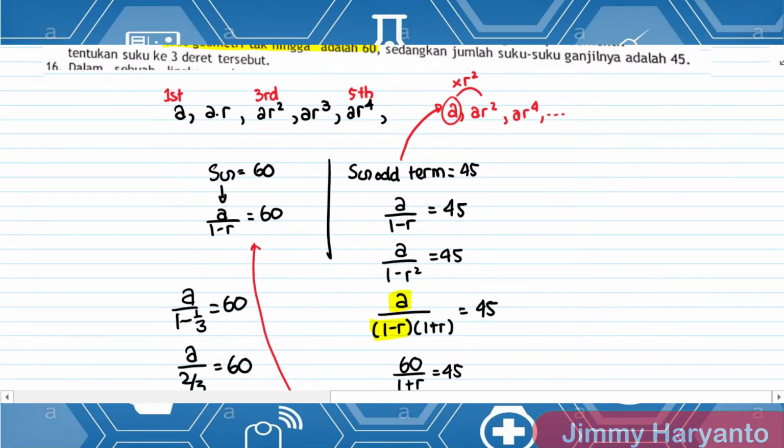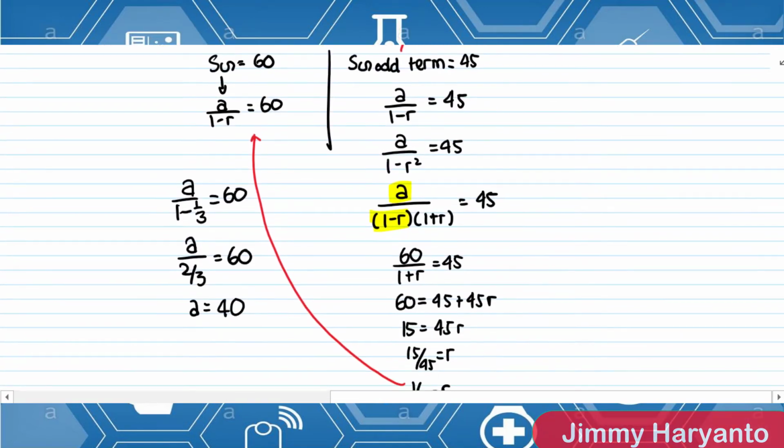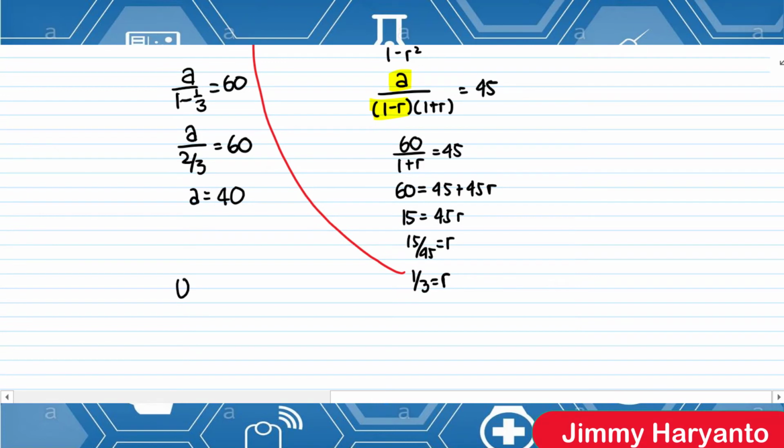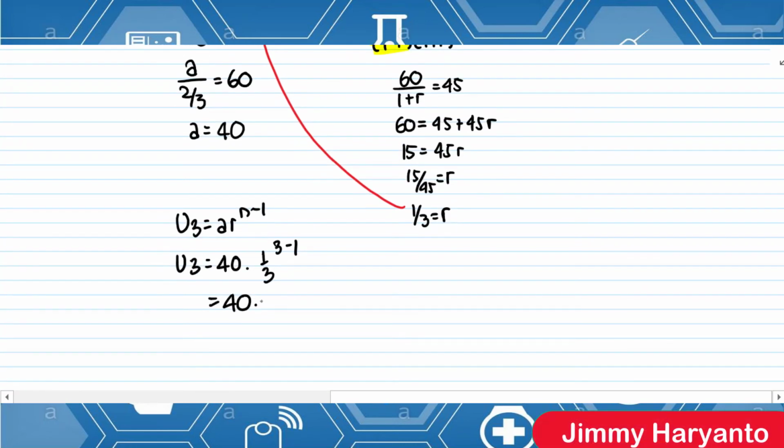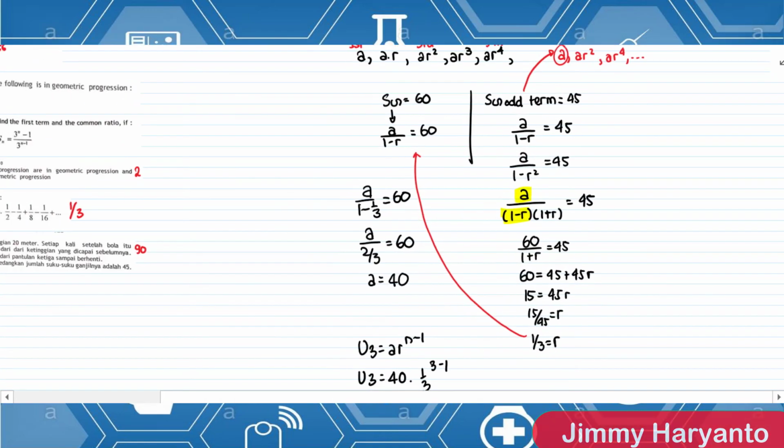After I get A equals 40, find the third term. We can find the third term using the geometric formula, U n equals AR to the power of n minus 1. U3 equals 40 for A, R equals 1 over 3, n equals 3, so 3 minus 1: 40 times 1 over 3 square, 1 over 9, equals 40 over 9. This is the U3, 40 over 9.